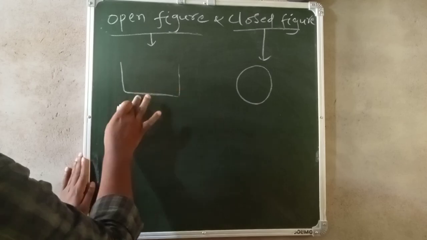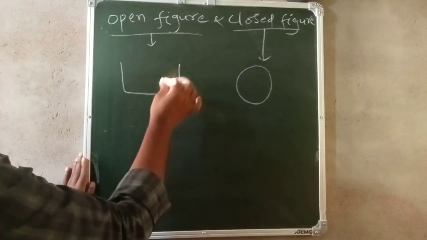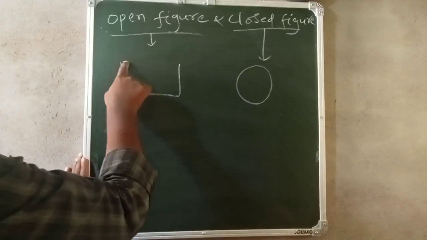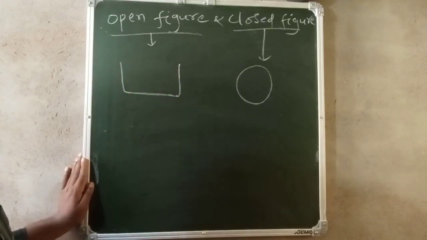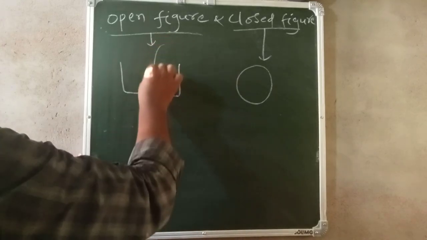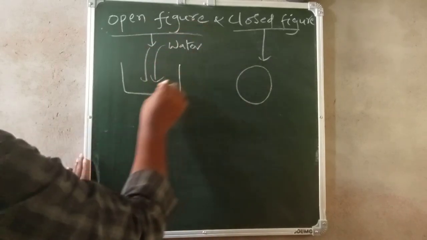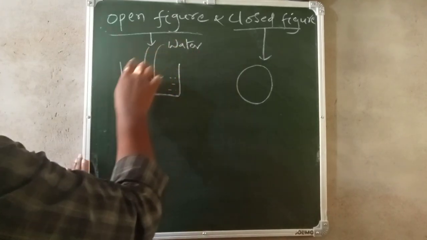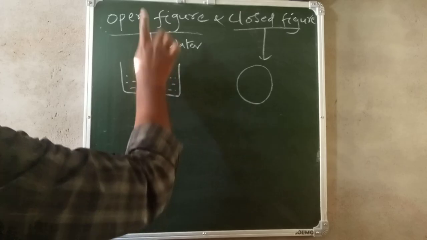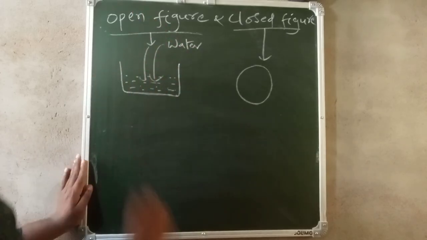Here also closed, this side too. But on the top there is an opening. So if you want to pour water, you can easily pour water inside. You can see on the top there is an opening. So we can pour the water and keep the water here.